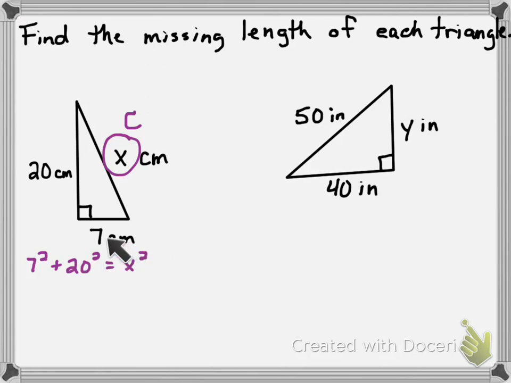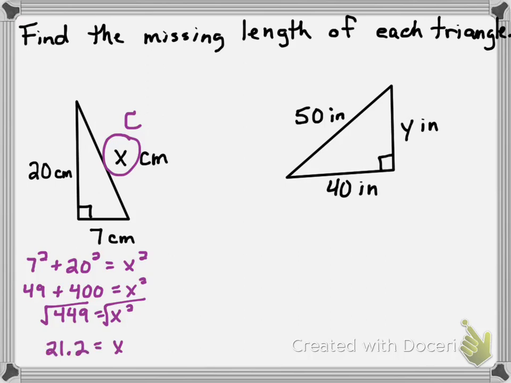So I did 7 squared plus 20 squared equals x squared. That's 49 plus 400 equals x squared. So 449 equals x squared. I have to take the square root to get rid of the square, just like we did a couple slides ago, and I get that x equals 21.2.